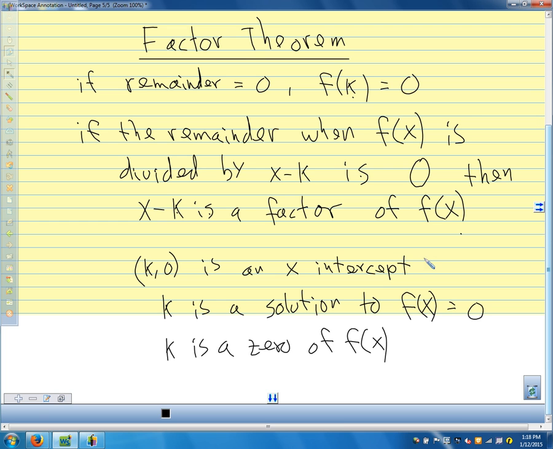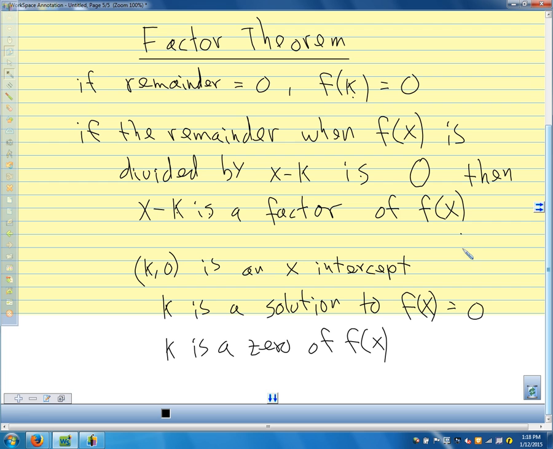What we're going to do as we move forward is come up with a way of finding numbers that we do synthetic division with that will possibly give us zeros of our polynomial. So we can factor our polynomial and find all the x-intercepts. We want to completely factor our polynomial, find all of our x-intercepts, and sketch a graph, so we need to factor. That's what the factor theorem helps us to do. We're looking for the remainder to be 0.